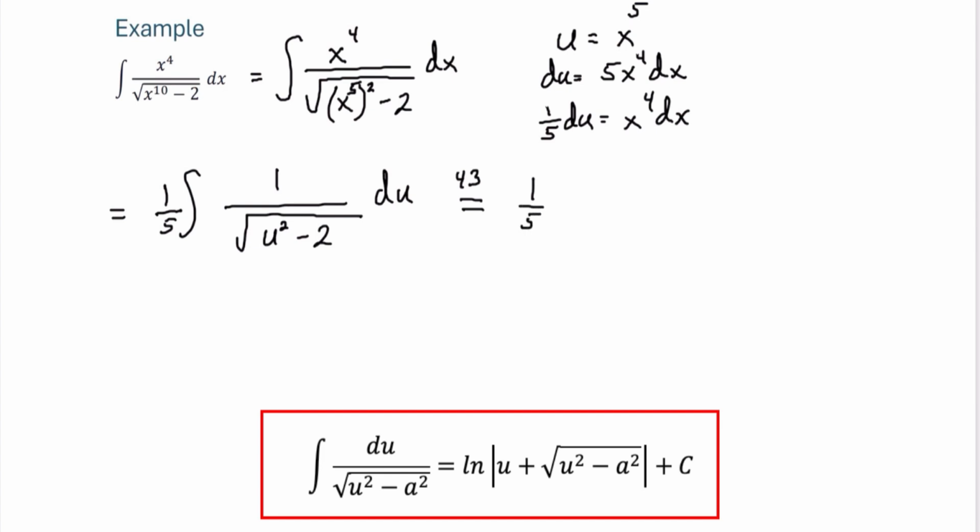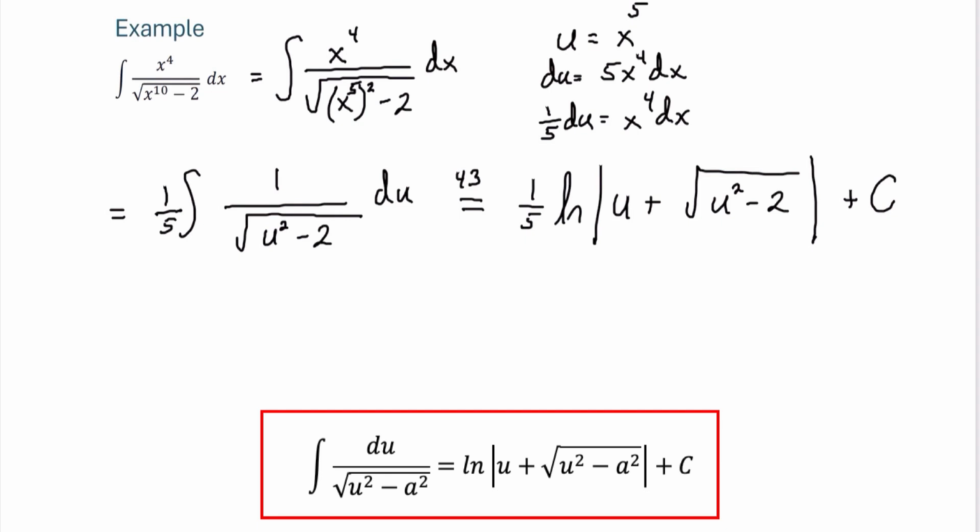Using the table, we have the natural log of the absolute value of u plus the square root of u squared minus a squared, which in this case is 2. Close off the bars, and plus c.